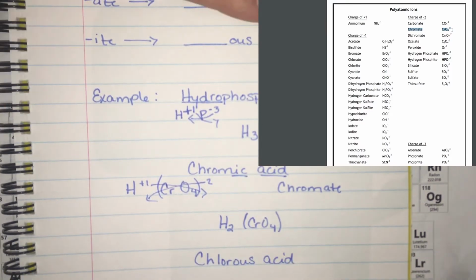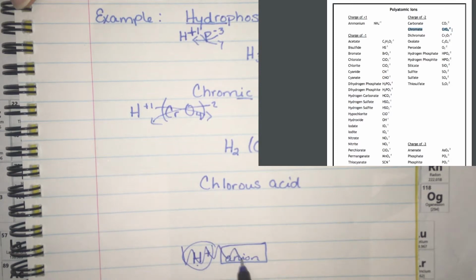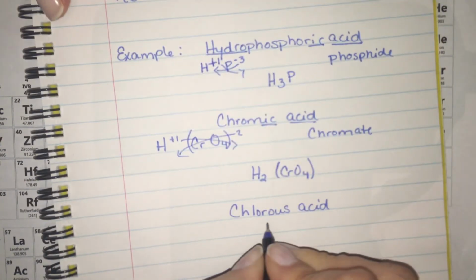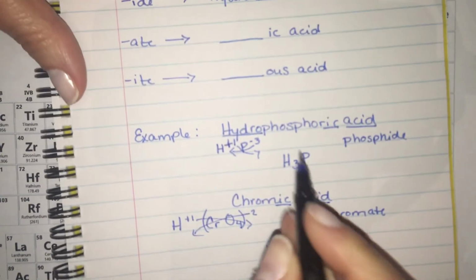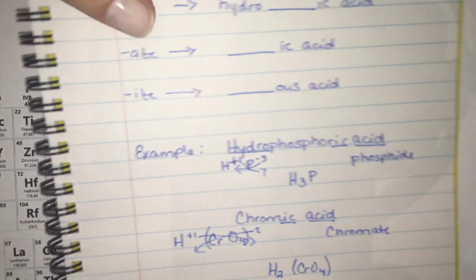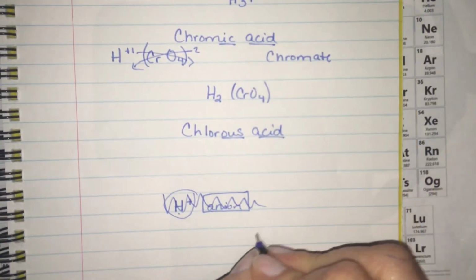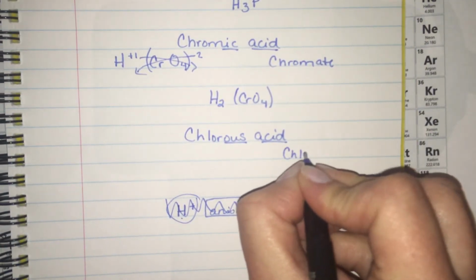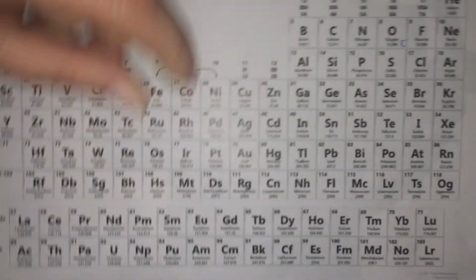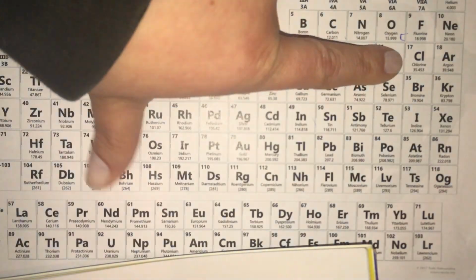Okay, and then last, we'll scratch this out so we don't get confused. Chlorous acid. The ending is ous acid, so that means it ended in ite. If it was ite, it's chlorite. It ends in ite, not ide. If it was chloride, it'd be here, but it's not.